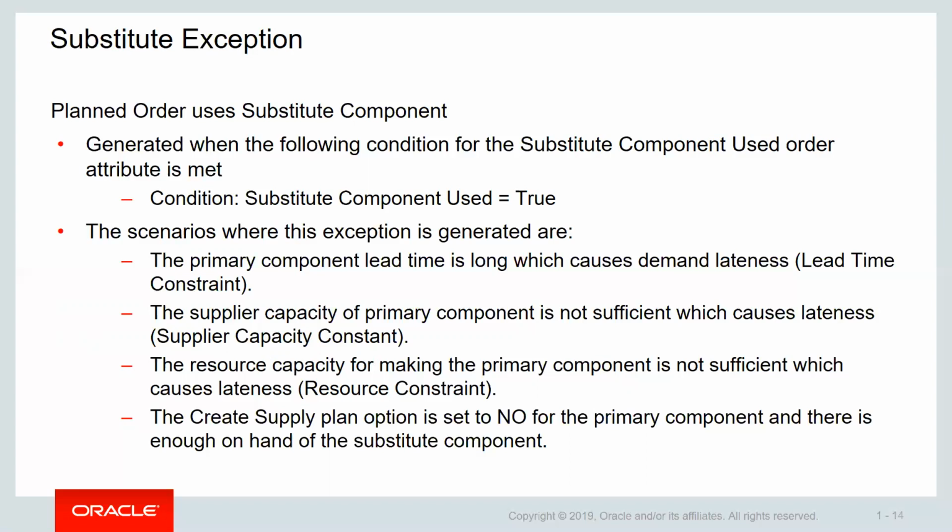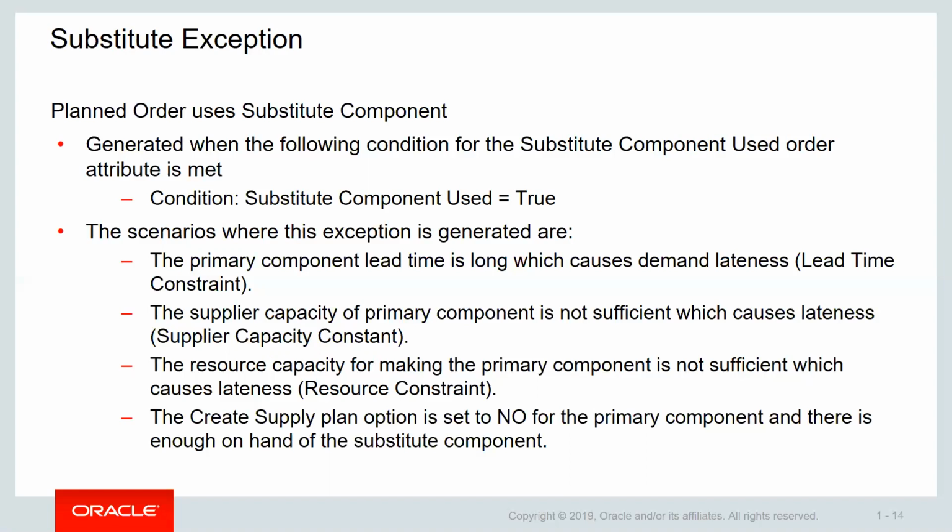Another scenario when this exception is generated is if the create supply plan option is set to no for the primary component and there is enough on hand of the substitute component.